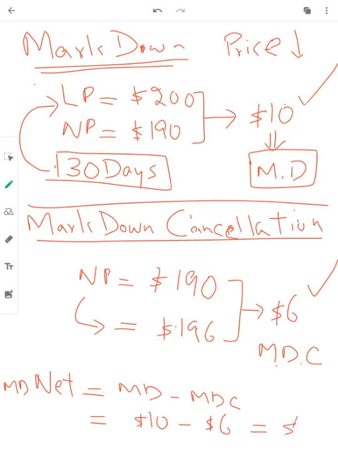So in simple words, I did not increase back the price of my product by $4. This $4 is called the net markdown or markdown net. So remember this, and this will be a negative value, because markdown represents a decrease in the price. So I will take it as -4. The net value: I decreased the prices, then I increased them back, but the net decrease is -$4. Remember this: what is markdown, what is markdown cancellation, and what is the net value.